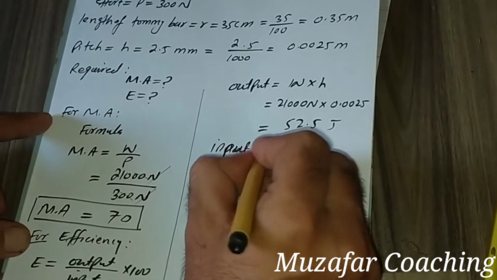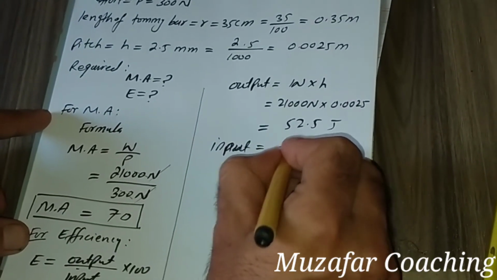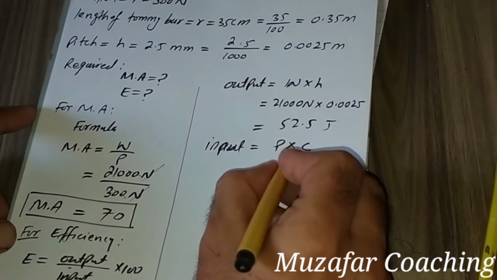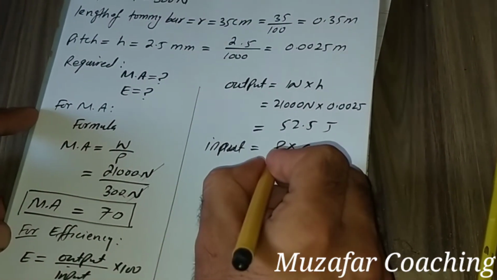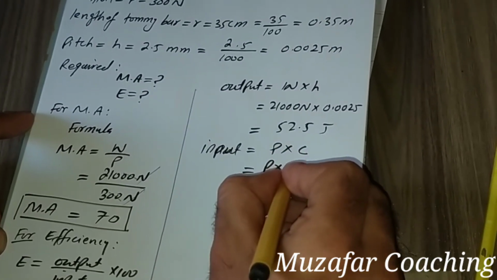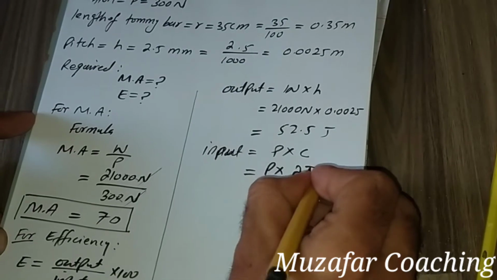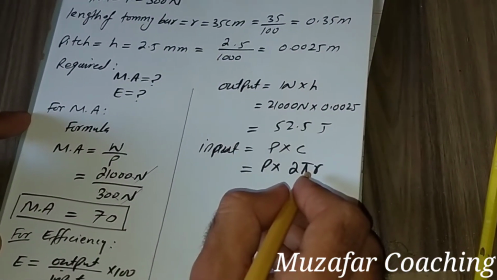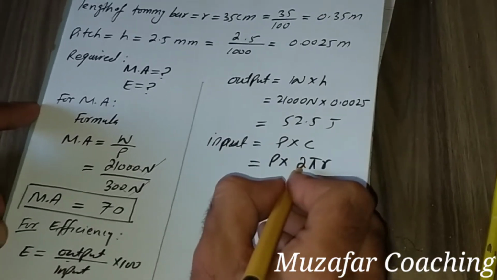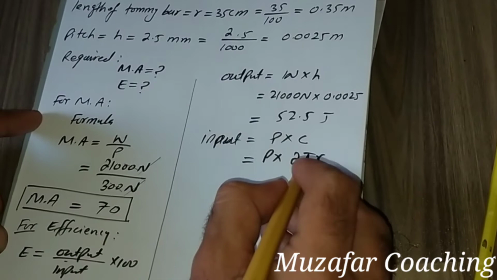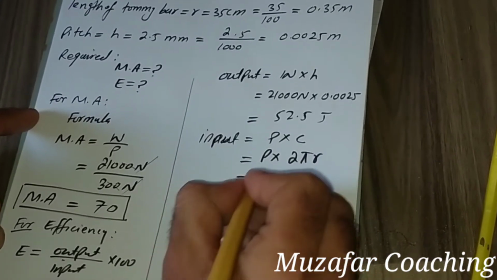Now we will be doing it for input. The formula of input changes over here. It is P multiplied by C. P is effort, we know that. And C is the circumference of the circle, which is written as 2 pi R. We know the value of pi is 3.14. So we will be putting the values.